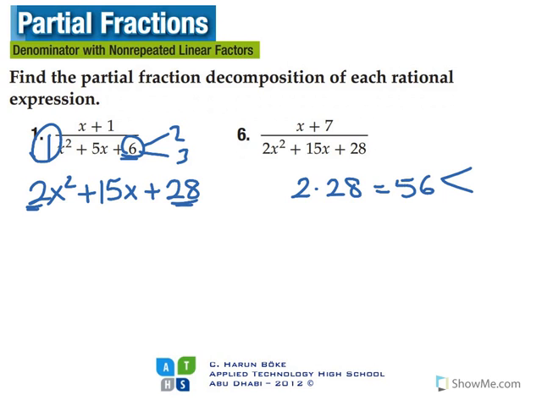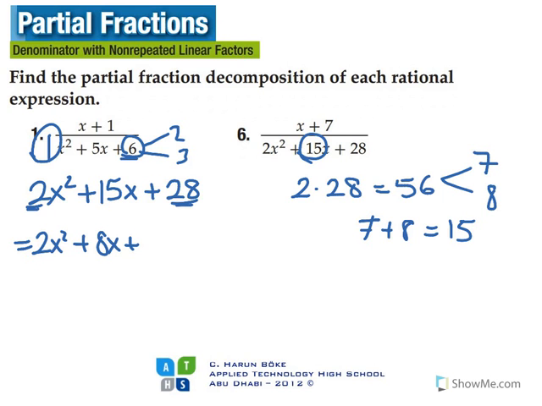For 56 it is 7 and 8. If you add 7 and 8 you get 15, which is your middle number. Hence you will write this expression as 2x squared plus 8x plus 7x plus 28.